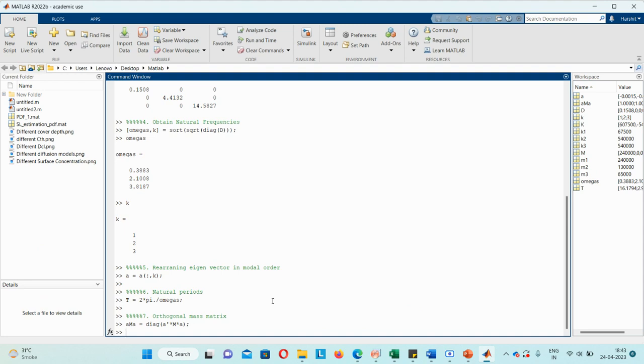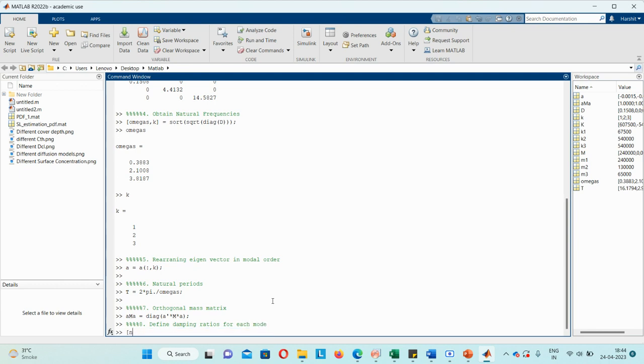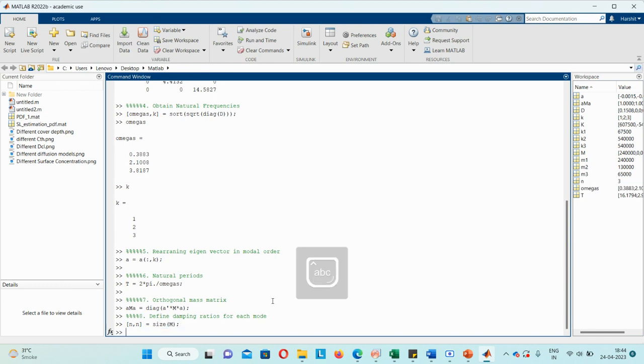Step A is to define damping ratios for each mode. For this, let's first see the size of the matrix. Right now we know it is a 3 cross 3 matrix, but how it can be done through code: just use size of the matrix. Now we'll define the zeta matrix, the damping coefficient matrix, as zeros n comma 1.